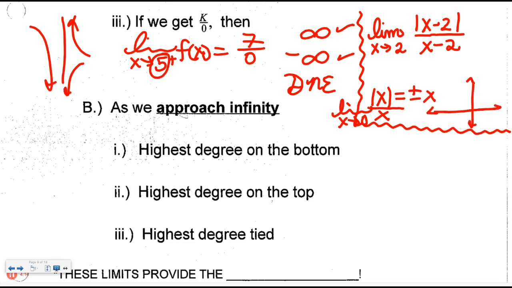Graphically, as long as x is positive, 7, 8, 9 will be up at 1. But when x goes negative, maybe negative 5, we'd have the absolute value of negative 5 over negative 5. We end up at negative 1. This graph is always what happens in this scenario. The only thing that might change is where that discontinuity lives.